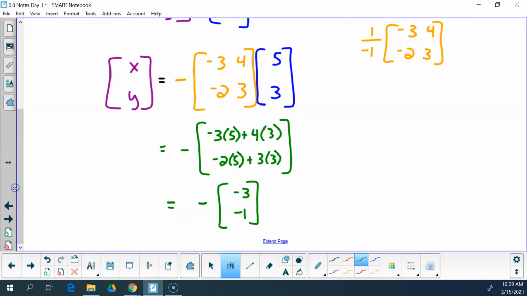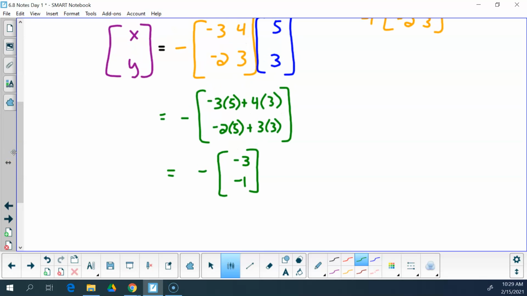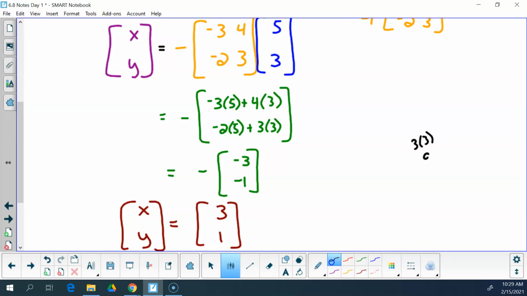So that gives me, I gotta extend my page, that x, y is the matrix 3, 1. So if I check it, if I put it back into the original equation, 3 times 3 is 9, minus 4 times 1 is minus 4.